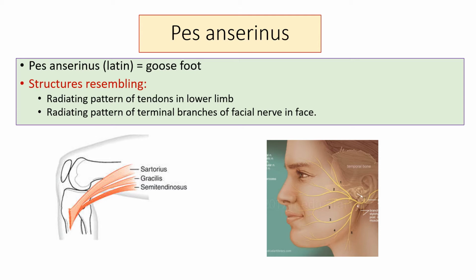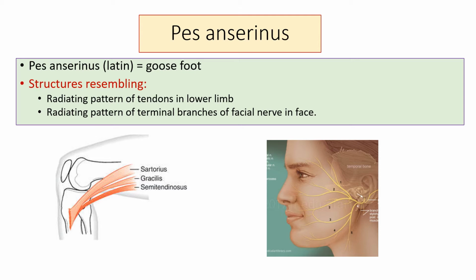So it's a Latin word which means goose foot, and this word is used for its similarity in relation to the pattern of tendons in the lower limb and in relation to the pattern of branching of the terminal branches of the facial nerve in the face.